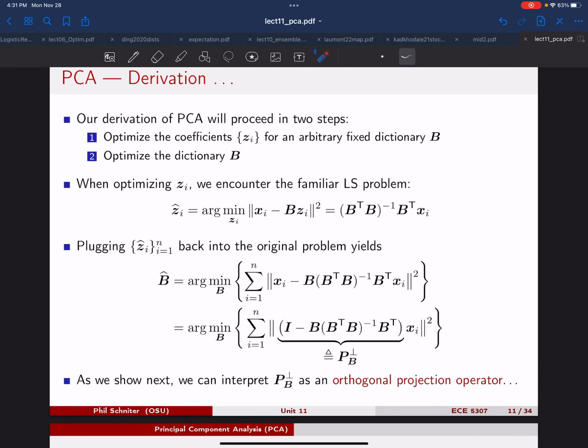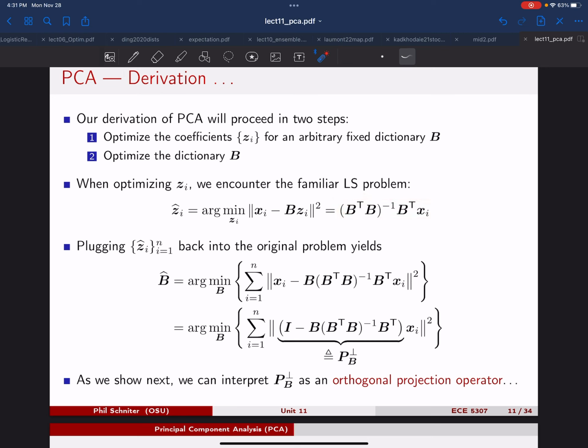Okay. So when you look at this, this is a least squares problem, just like the ones you saw back in units 1 and 2. And we derived the solution to that. At the time, the notation was different. I think we had A and beta, but everything else is the same except for a change in notation. And we know that the solution here, the zi that minimizes this squared 2 norm, takes this form.